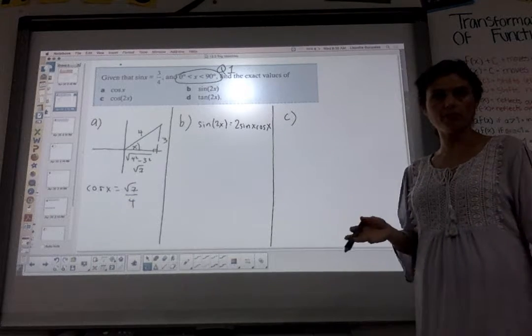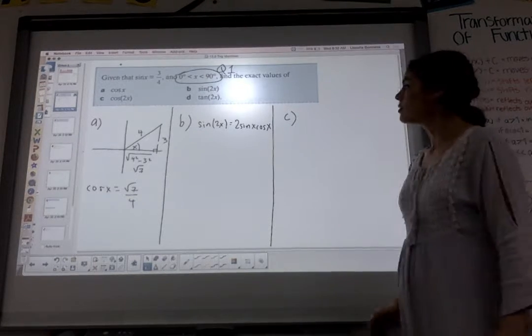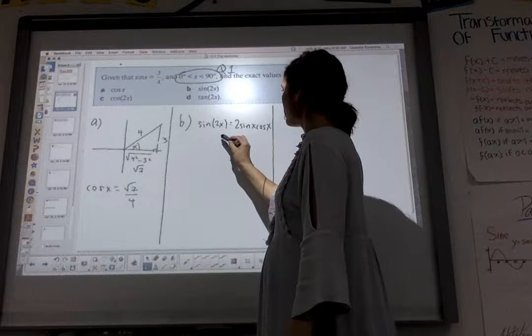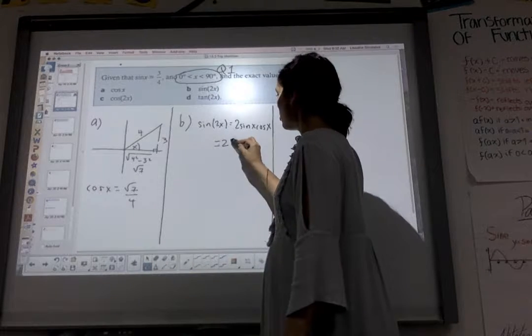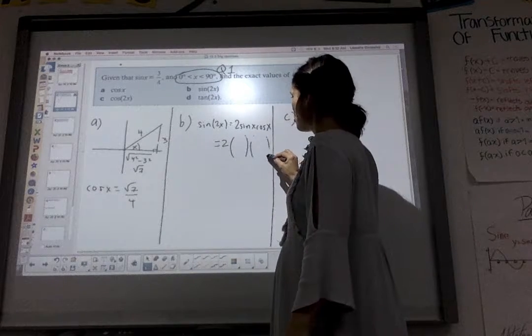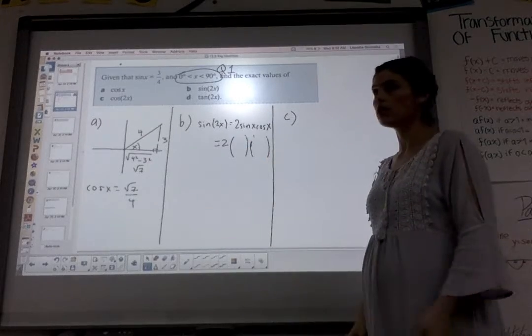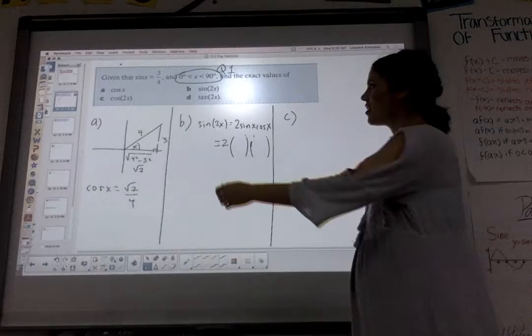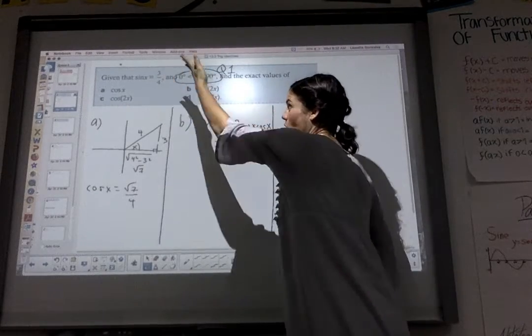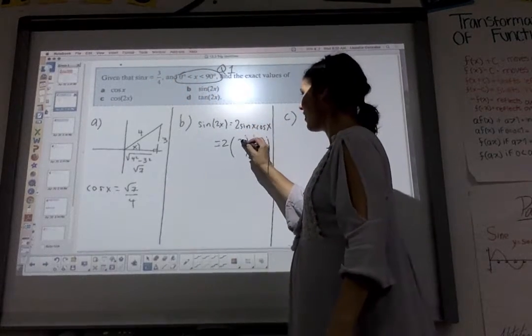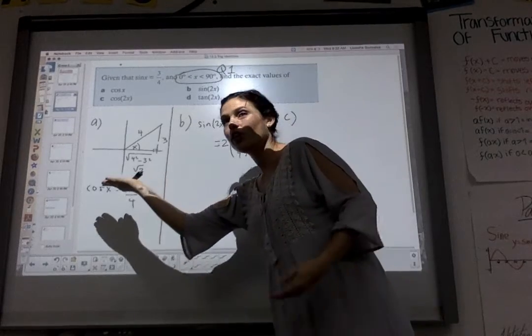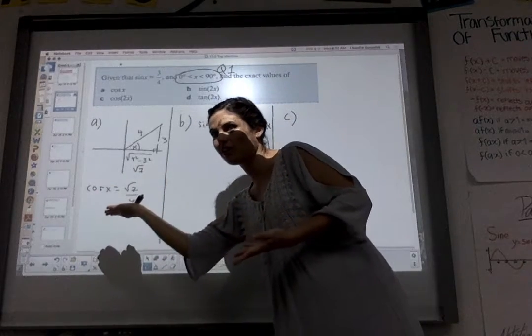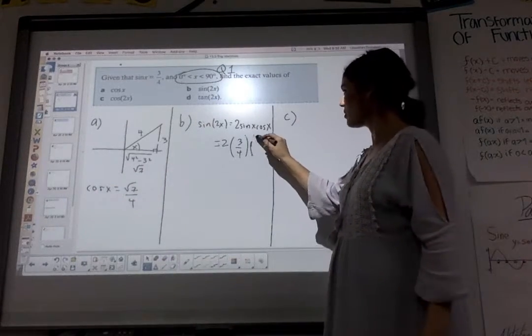It's in the formula book there. Anyways, so to get sine of 2x, you just do 2 times sine x times cosine x. Do you know sine x? Yes. Look, it's right there. Sine x is 3 over 4. And cosine x, look, we just found it. Square root of 7 over 4.